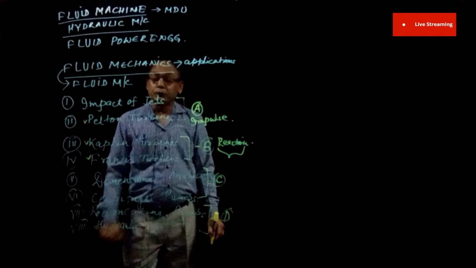All those things we are going to discuss in Kaplan turbine as well as Francis turbine. Now this is based on the heads. How much head is there so we can use Kaplan, and what is the head range for the Francis turbine. But remember, these two are the reaction turbines.